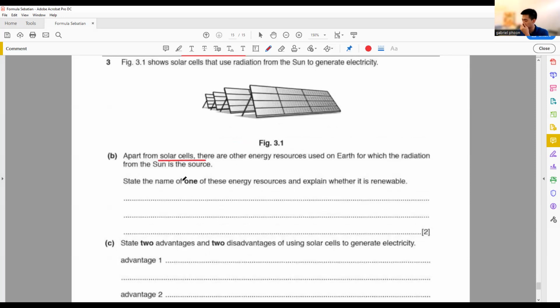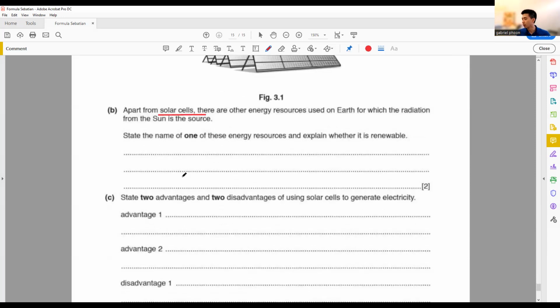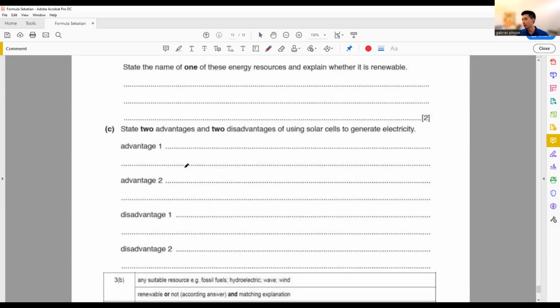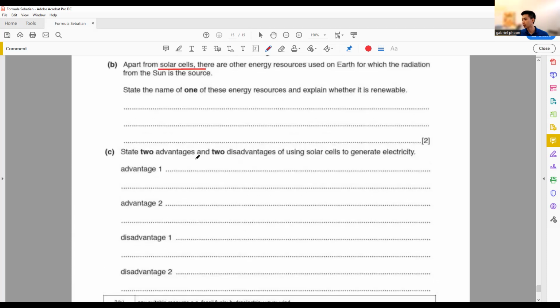You can write any one that is renewable apart from solar, like literally wave, wind. All the others are biofuel, hydroelectric, right? You don't even need to say that it's renewable and state whether it is renewable or not.